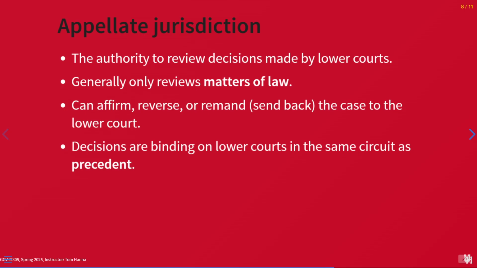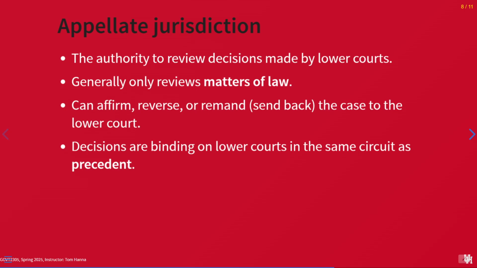It can't just be a matter of they don't like what the judge did. The judge has to have done something that was a legal error. In that case, they can send it back to the lower court and say, you have to correct this error in sentencing. They send it back with specific instructions to correct the one thing that was wrong.